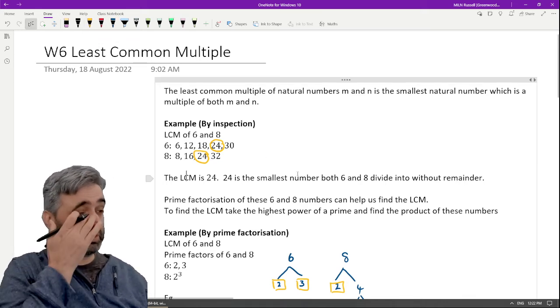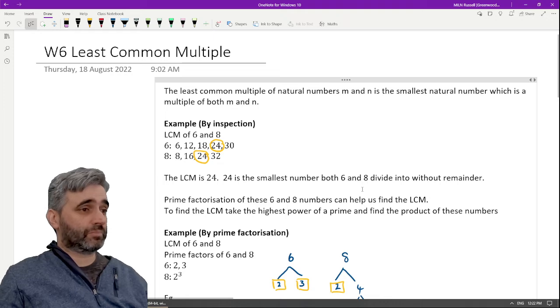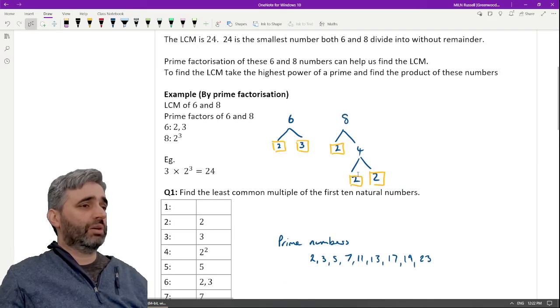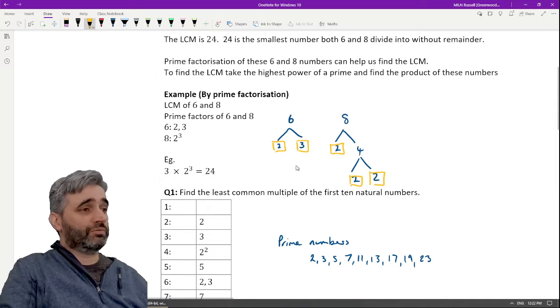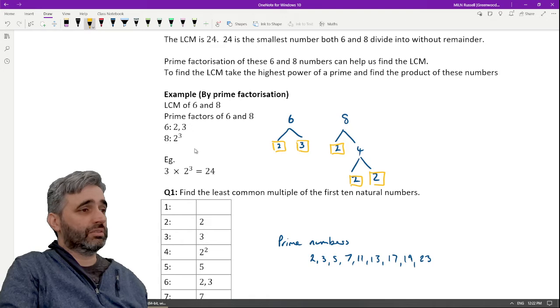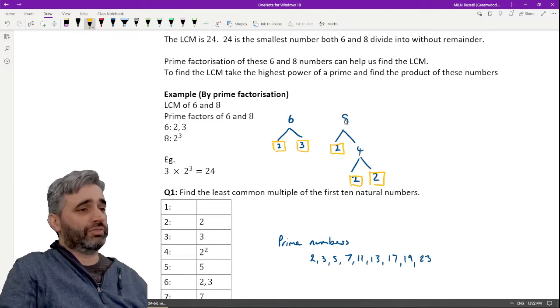That's one way of finding a lowest common multiple. We're going to look at a different way today using prime factorization. So with prime factorization, we create products of primes. In the case of 6, 2 and 3 are the factors that make up 6. In the case of 8, we can draw up a factor tree. To start with, we look for a factor of 8, and an obvious factor of 8 is 2, because it's an even number.